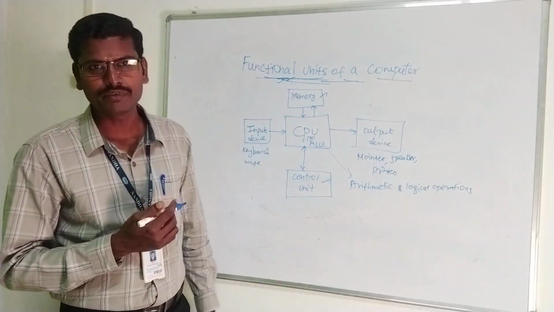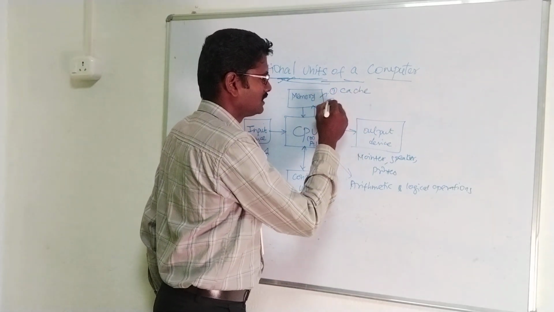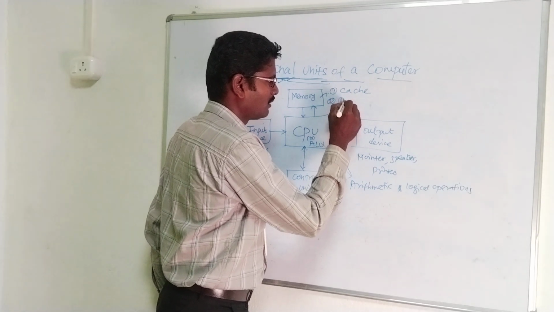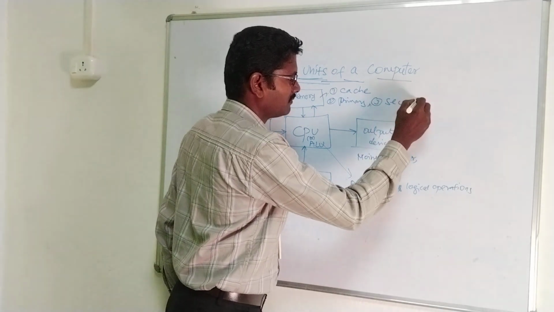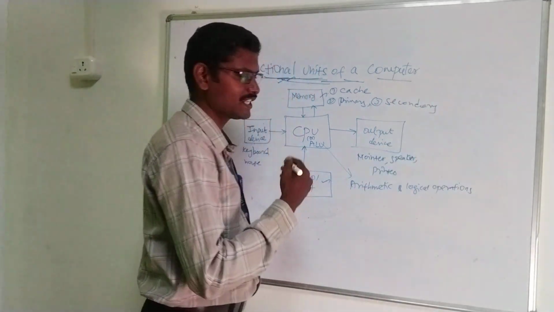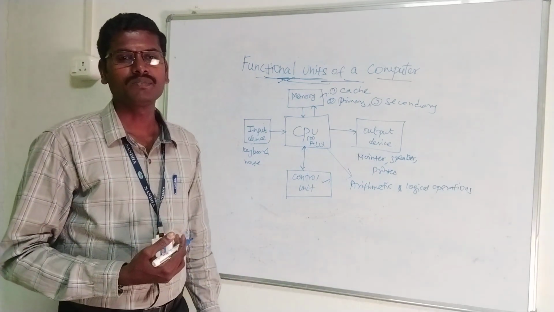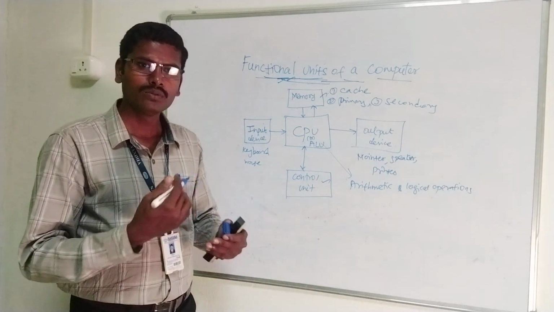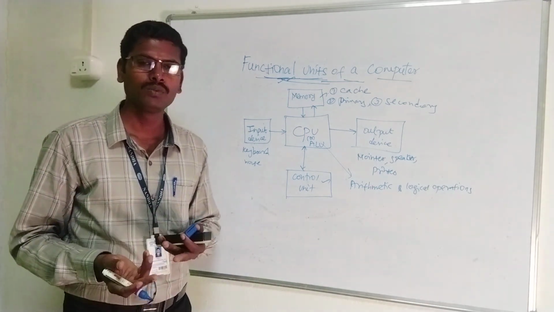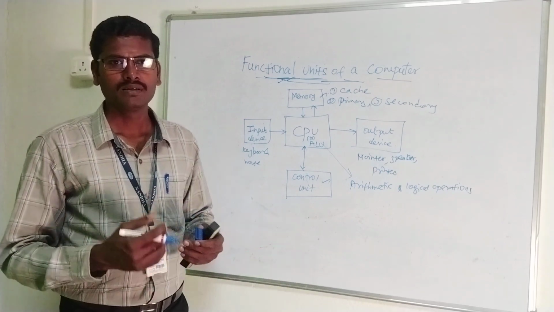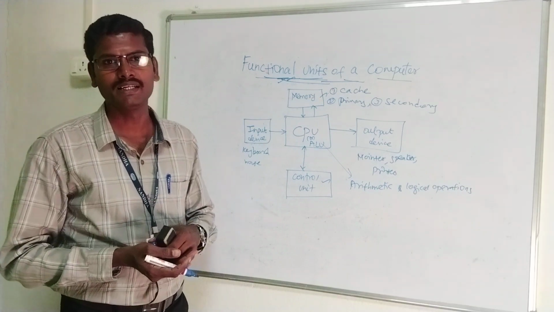This memory is again classified into cache memory, primary memory, and secondary memory, right? We can classify memory further into groups: volatile memory, non-volatile memory, RAM, ROM, right? Everything comes under primary and secondary memory, right?